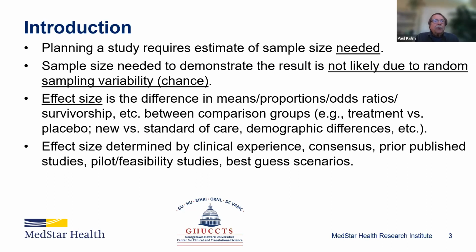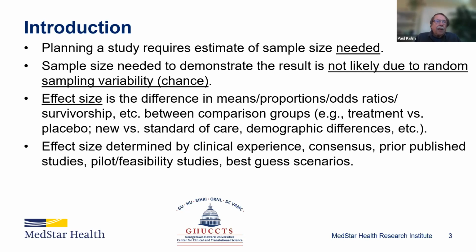And so how do you determine the effect size? Well, there's different ways of doing that. Sometimes it's based on clinical experience or consensus among clinicians. You can use prior published studies to get an idea of the effect that you want to be able to demonstrate.